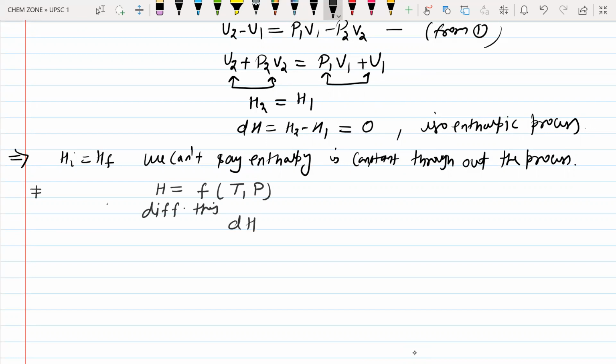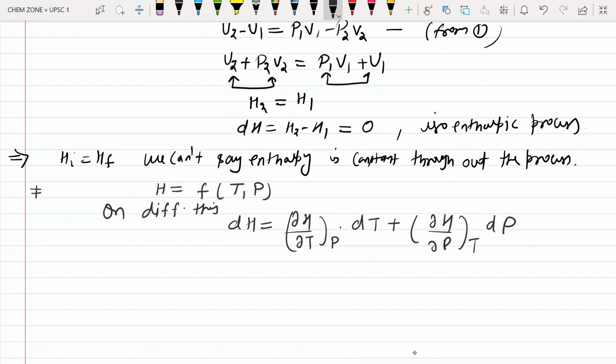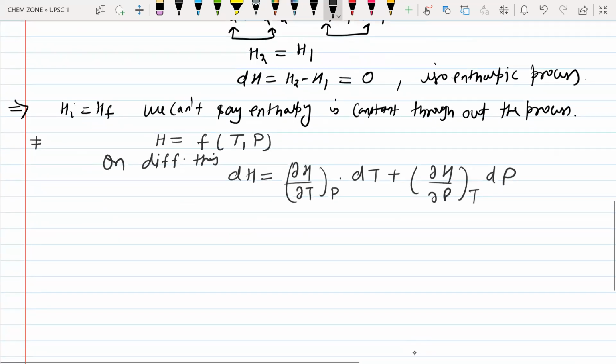On differentiating, we get that dH will be the partial differential of the first function, assuming the second function as constant. Similarly, the partial differential of the second function, assuming the first function is constant.